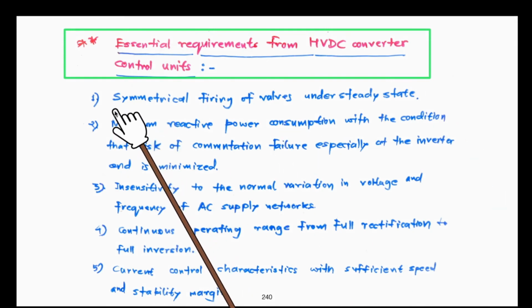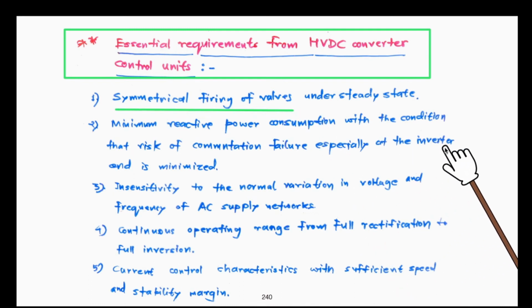First and foremost, symmetrical firing of thyristors or valves. All the thyristors, let us say there is a 3-phase bridge, so 6 thyristors. You might have studied in power electronics that in a 3-phase bridge with 6 thyristors, they are naturally triggered sequentially, and at any point of time one pair of thyristors is conducting under steady state.